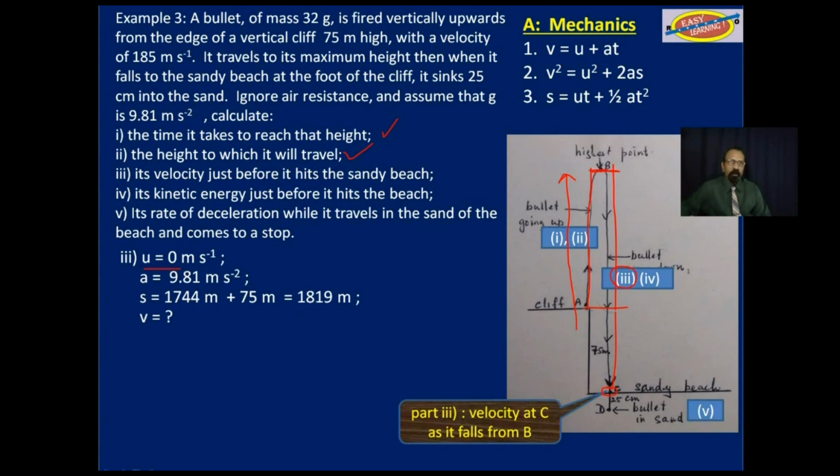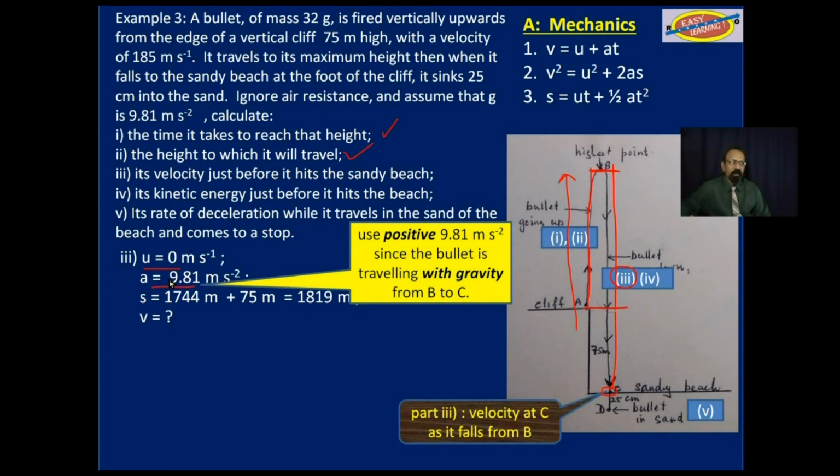That is to say, when the bullet falls, its initial velocity is 0 meters per second. Its acceleration is 9.81 meters per second squared, and that is a positive 9.81. We know the distance is the 1744 that we calculated here going up, plus this 75, and we get 1819 meters. We want to find V. We look at the equations we have.